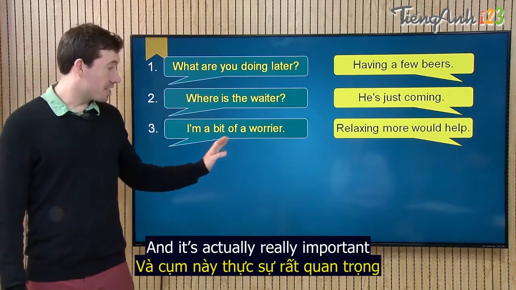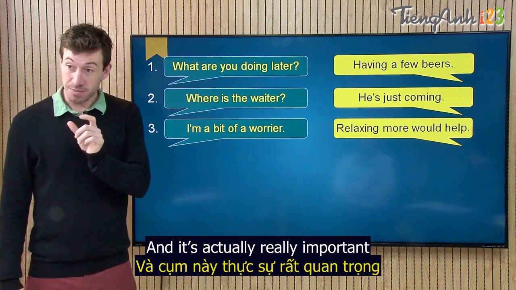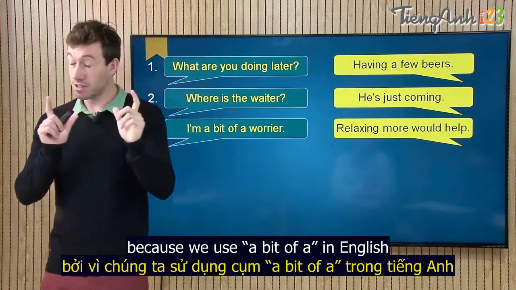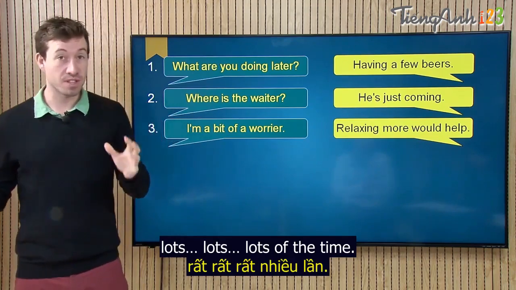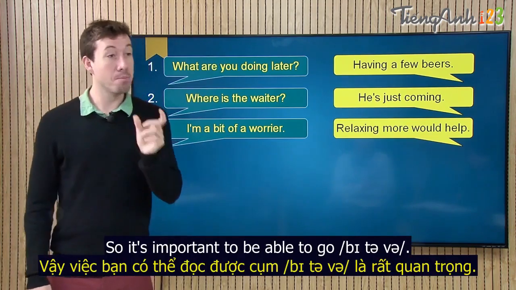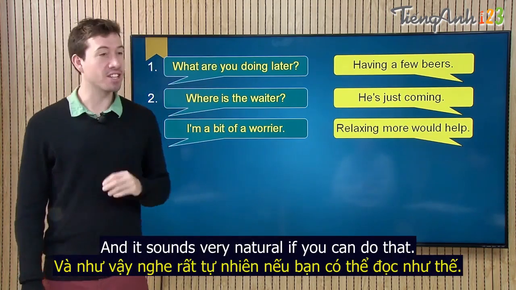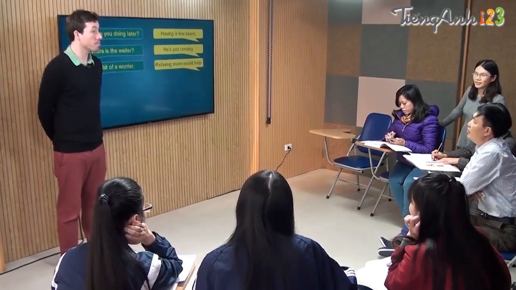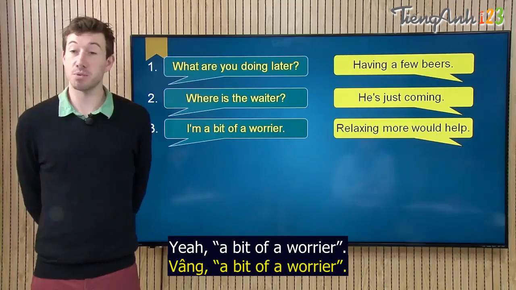And it's actually really important because we use a bit of a in English lots and lots of the time. So it's important to be able to go bit of a, and it sounds very natural if you can do that. I'm a bit of a, a bit of a worrier.